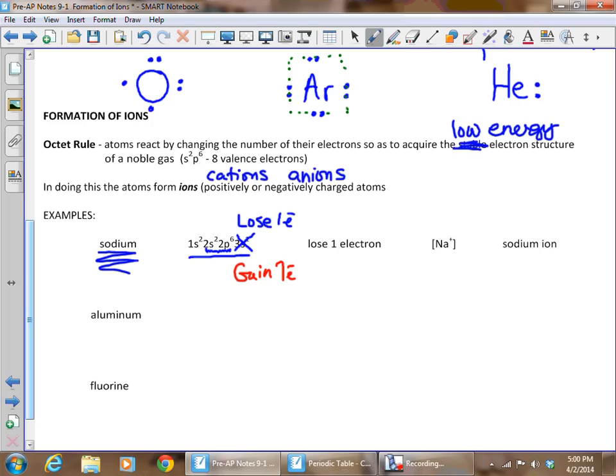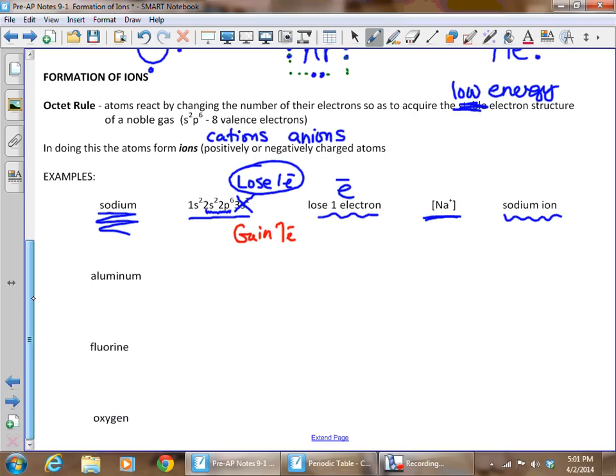Electrons are lazy. They're going to go with the least amount of energy involved, and the least amount of energy involved is going to be to lose 1 electron. And remember, since those electrons are negative, if you lose an electron, you're going to become a positive ion, and the sodium ion is the name of that ion.